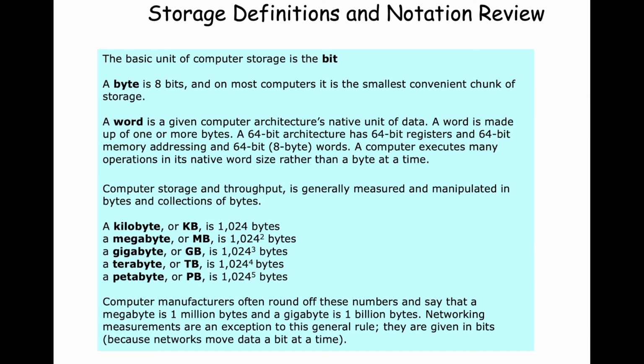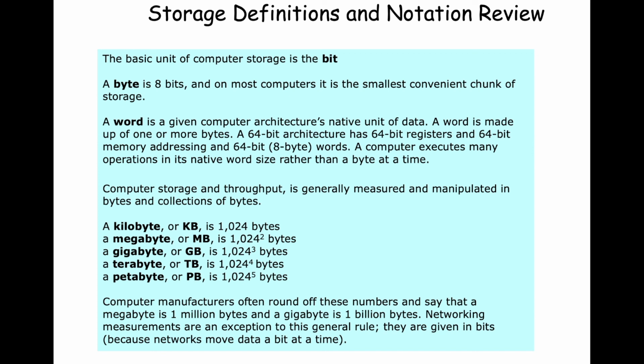A kilobyte, or 2 to the 10 power, is 1024 bytes. Notice it's kilobyte with a big B and not kilobit with a little b. A megabyte, or 1 meg, is 1024 squared, or 2 to the 20 power bytes. A gigabyte is 1024 cubed bytes.